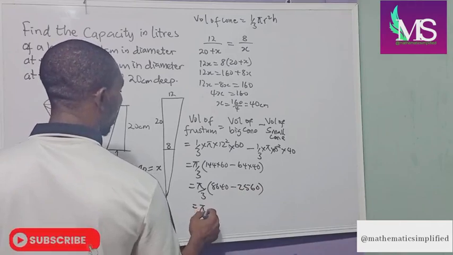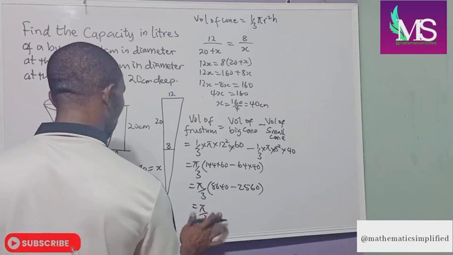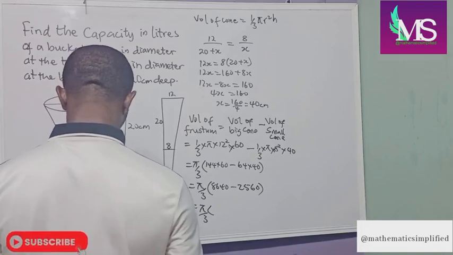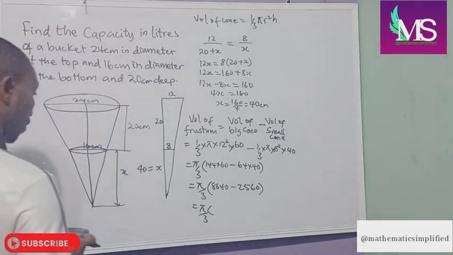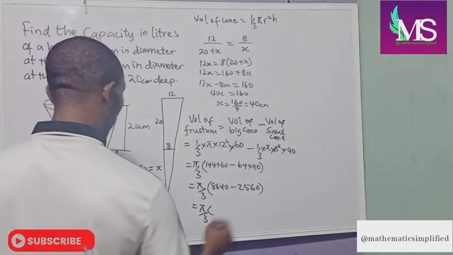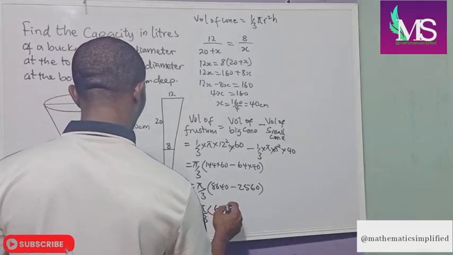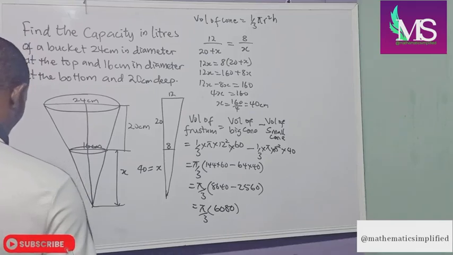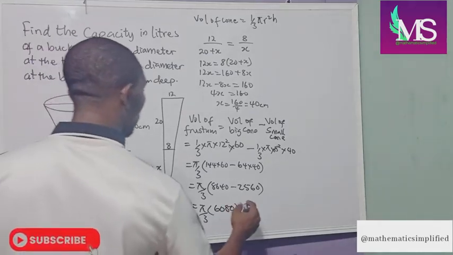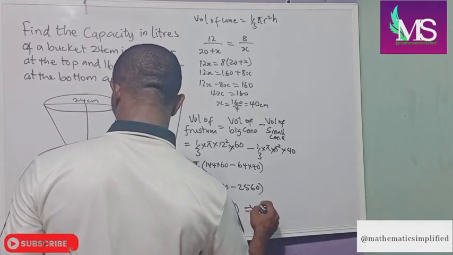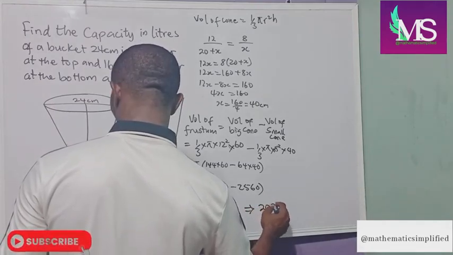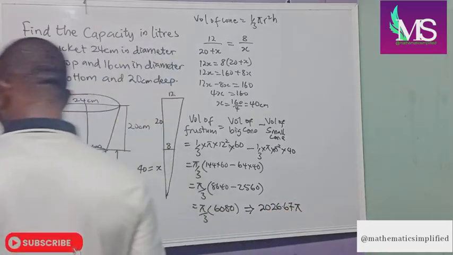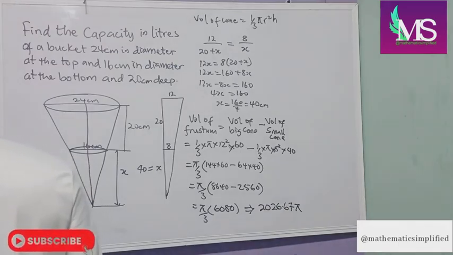So pi over 3 times 8640 minus 2560, which will give us 6080. Now, if we divide this by 3, this will leave us with 2026.67 pi. Now this is in terms of pi.